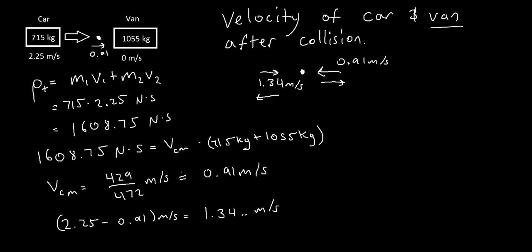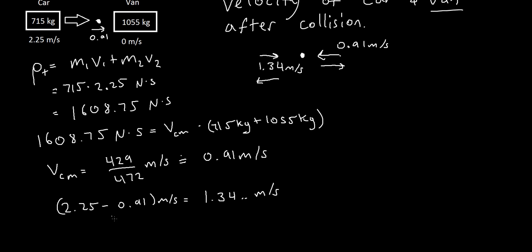But since the center of mass is already moving at 0.91 meters per second, the velocity of the van will be 0.91 plus another 0.91. So the final velocity of the van is 1.82 meters per second.